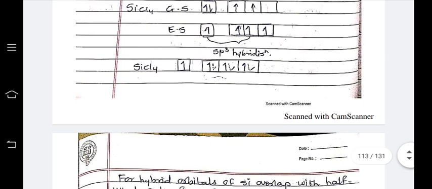So now silicon, having 4 unpaired electrons, is ready and can react with 4 molecules of chlorine.